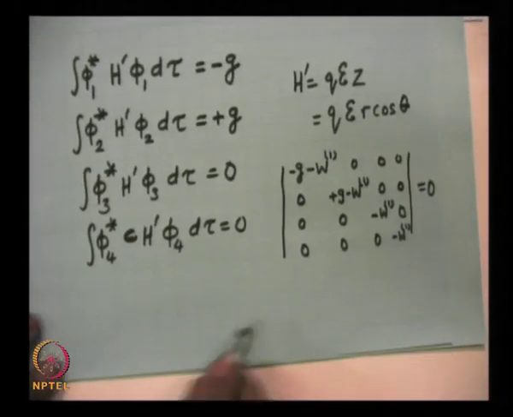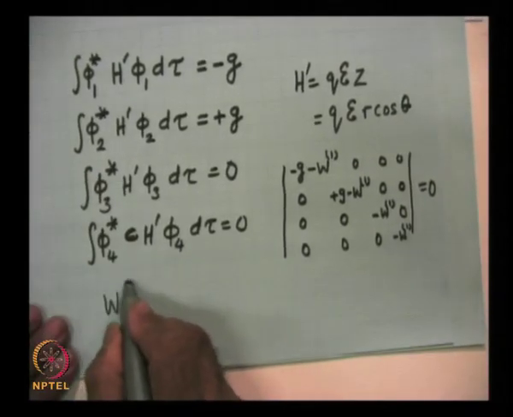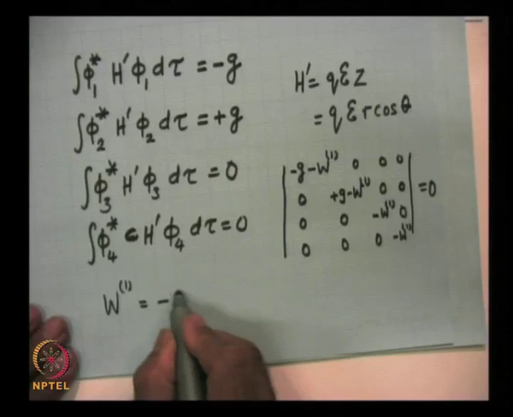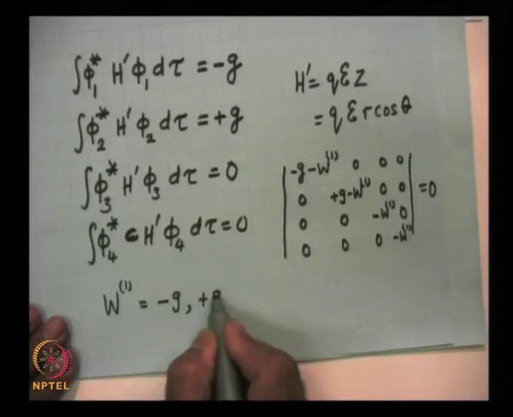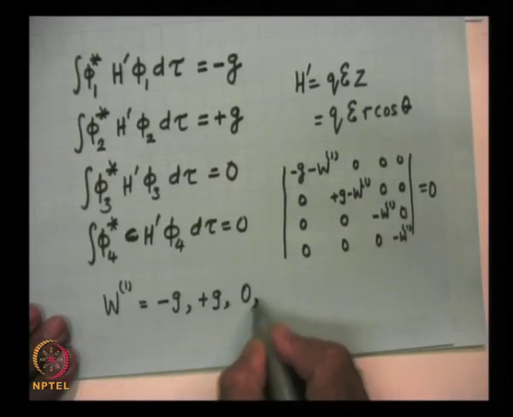The eigenvalues, the perturbations, therefore, W1 will be minus G, plus G, 0 and 0.